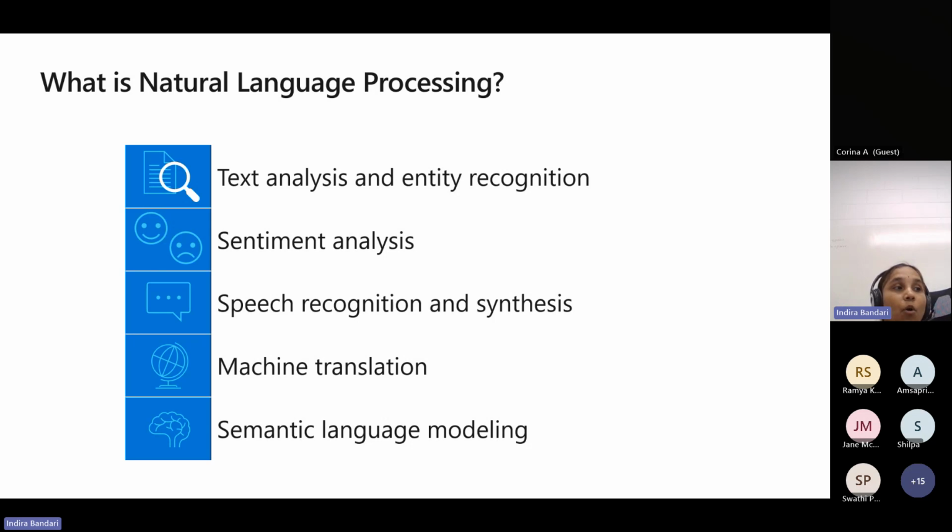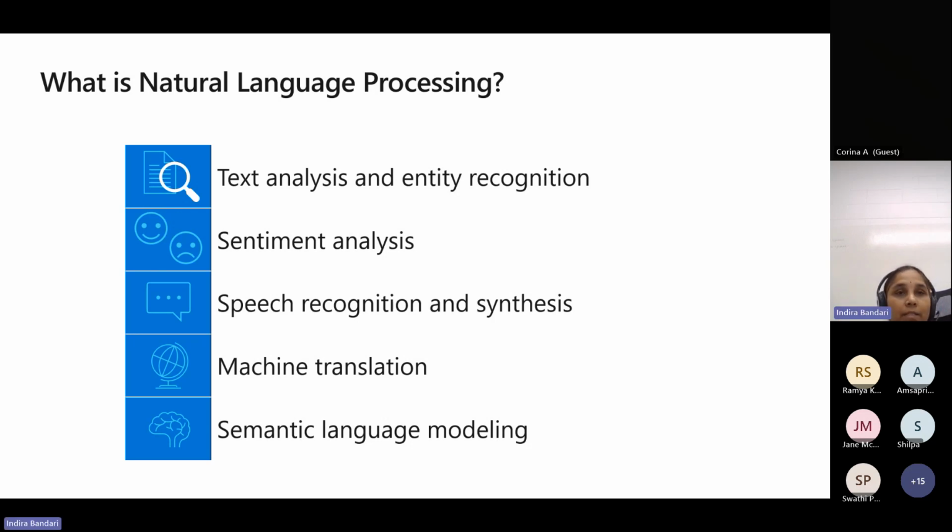It also does some analysis of the text. For example, you have articles or comments, whether it's a positive comment or a negative comment, that comes under sentiment analysis. But text analysis determines the main subject of the text that you provide to it. So that's how text analysis and entity recognition is done in natural language processing.